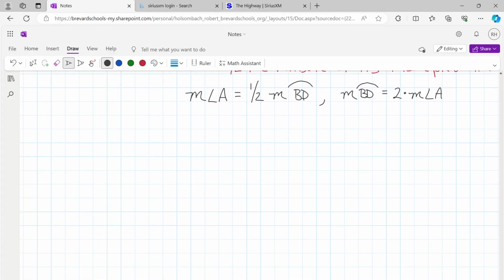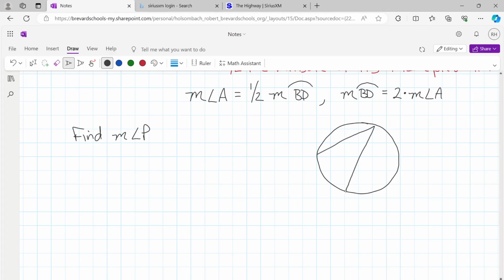And we're going to find each measure. We're going to find the measure of angle P. And we're given this circle.